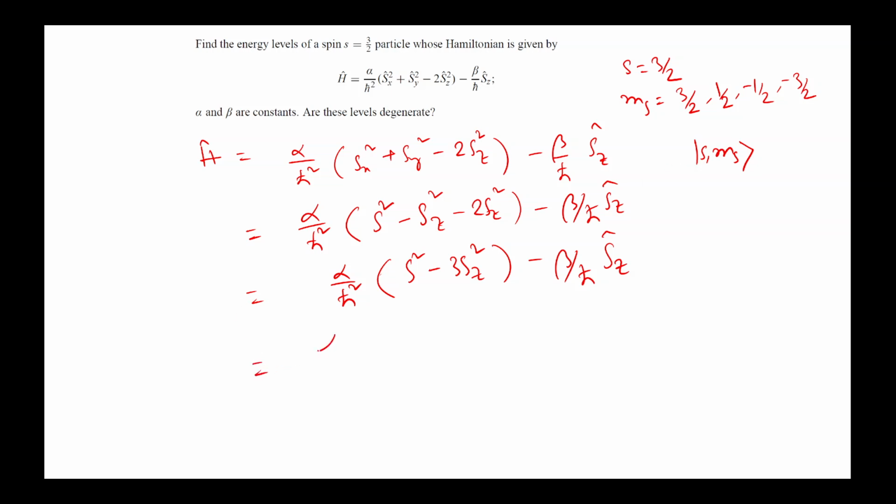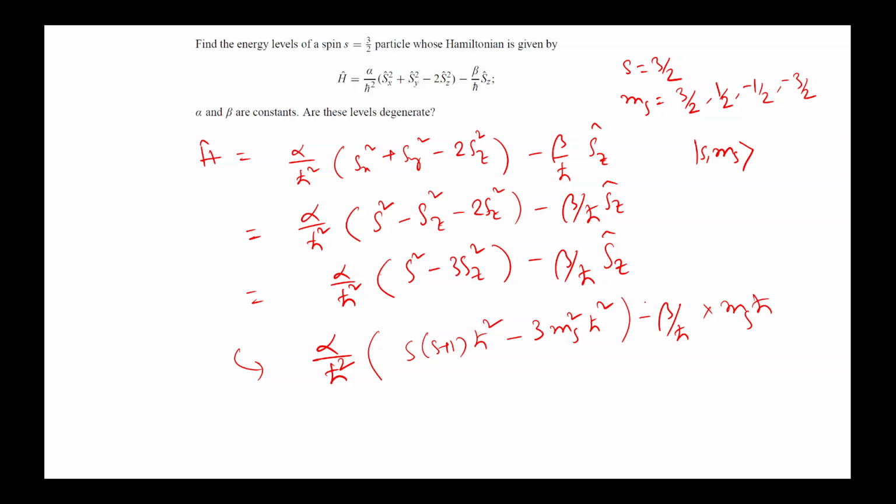You will get actually alpha over h cross squared, and now you will have S times S plus 1 h cross squared minus 3 ms squared h cross squared, minus beta over h cross times ms h cross.